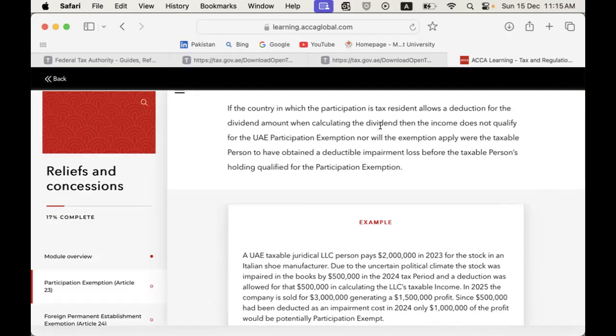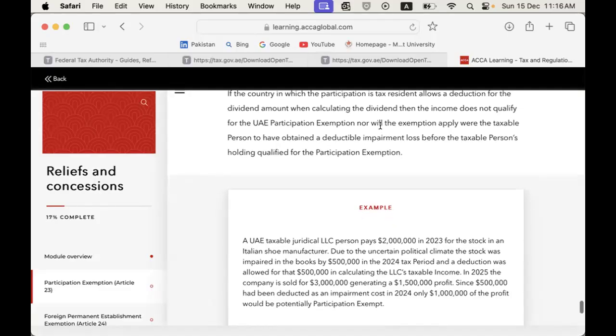And yes, we have to refer to the spirit of the law as well. But based on the letter of the law, we should anticipate the answer from the Federal Tax Authority, because they are going to revert back on the letter of the law. They're going to say, did you actually book the impairment loss or not? And we will have no other answer to give except acknowledging it. Yes, we booked it. So the very next answer would be, if you booked it, you don't have the exemption during this year. So that will be the answer.